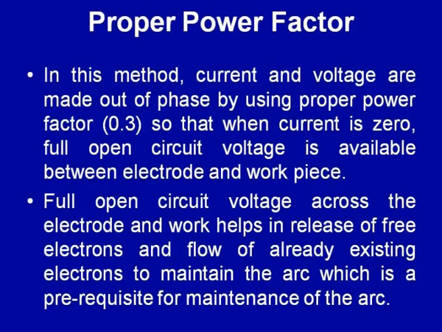The proper power factor is another approach, where the current and the voltage are made out of phase by using the proper power factor, so that when the current is 0, the full open circuit voltage is available between the electrode and workpiece.